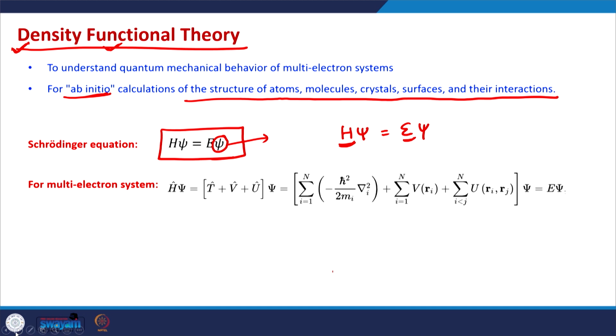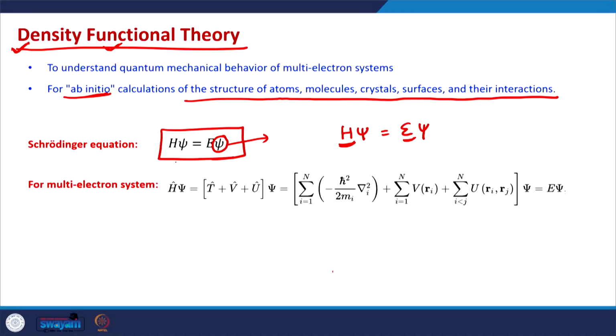But for multi-electron systems, for example, a quantum dot system where we have a few hundreds of atoms, in which we have, let's say, a few hundreds of electrons interacting with each other, only outer orbital electrons interacting, let's say. In multi-electron systems, the Schrodinger equation transforms this way. This Hamiltonian now has three prominent components. One is the kinetic energy of the electrons, given by the kinetic energy operator.